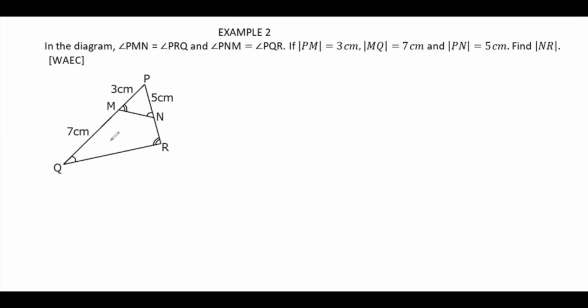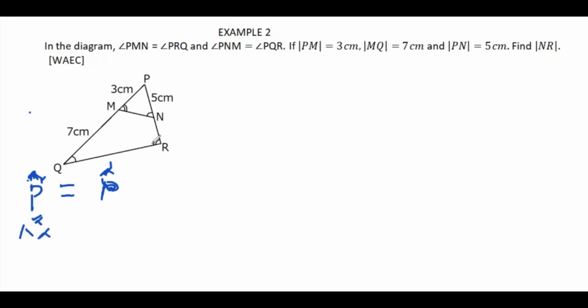First of all, if you look at the smaller triangle, we have angle P equals angle P. Both the two triangles share P. If you look at it, the two triangles share P. Then, if you look at M in the smaller triangle, it equals R in the bigger triangle.